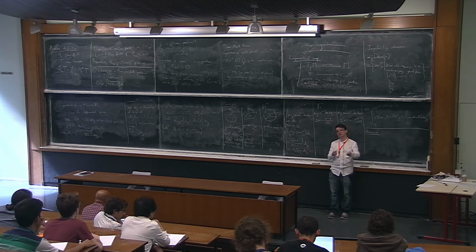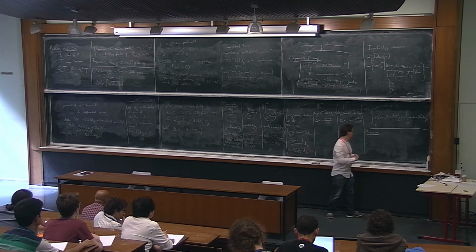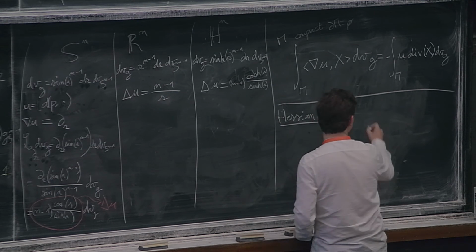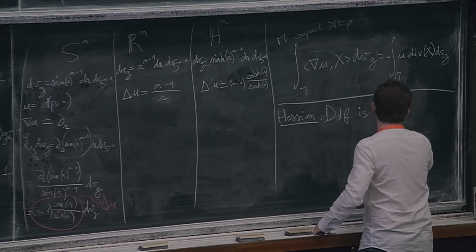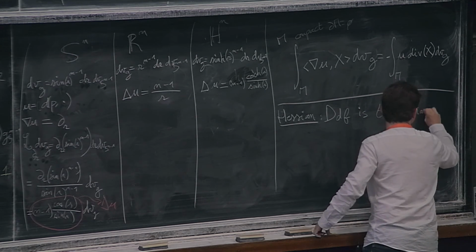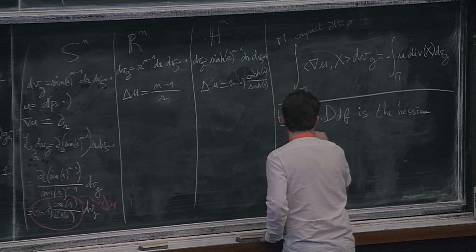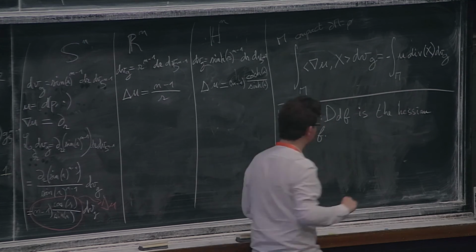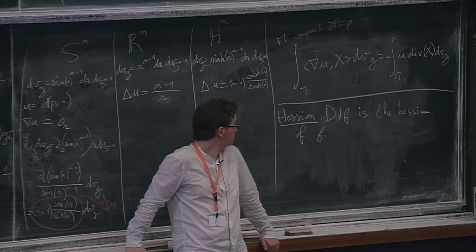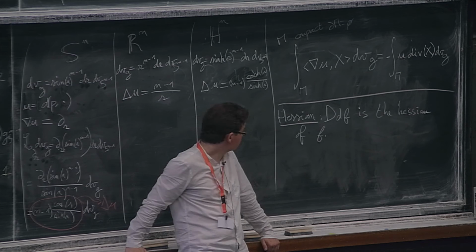They are tensorial in the direction in which you differentiate. So that will give you a 2 form: ∇df is the Hessian of the function f. That's a definition. It takes 2 vectors and gives you a real number. That's fair enough.